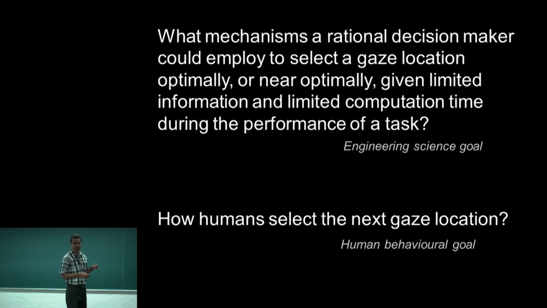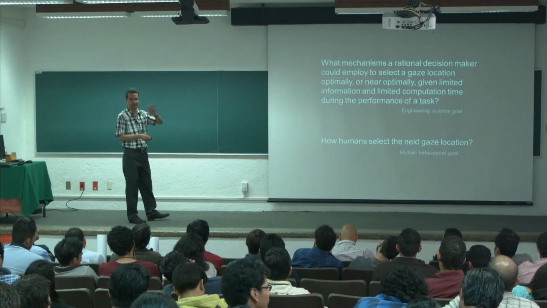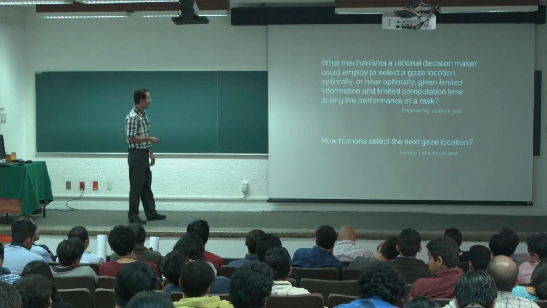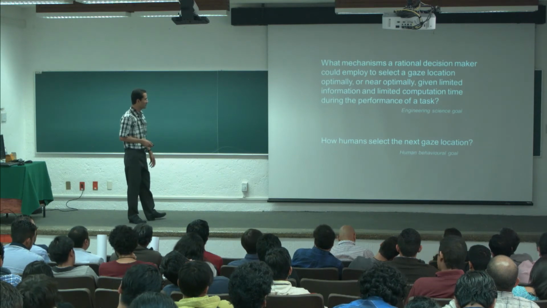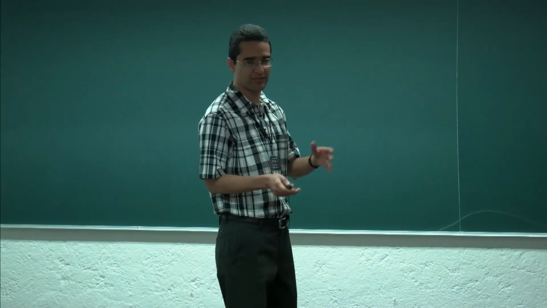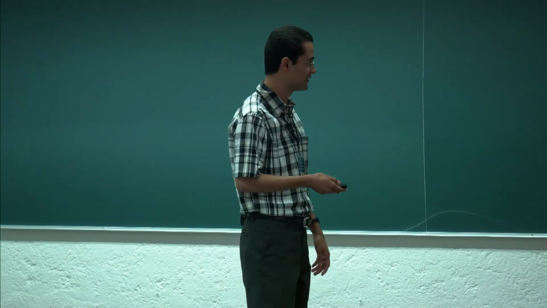This is important because if we don't have a task, then we can just look around and we don't have a very specific pattern. Another question is, of course, how humans select the next gaze location. This is more from the biological side, but it's an interesting question.